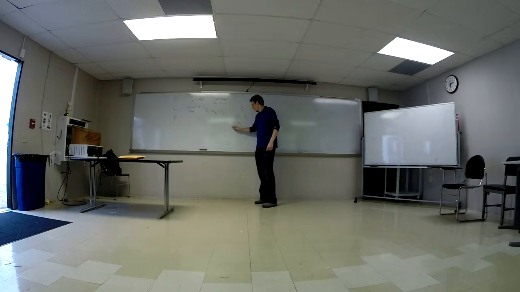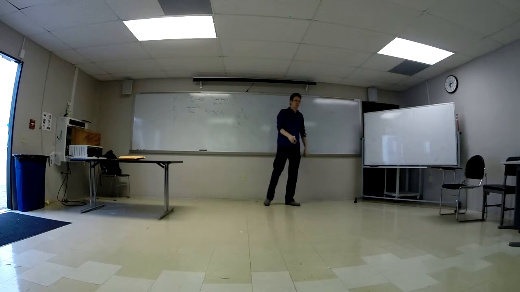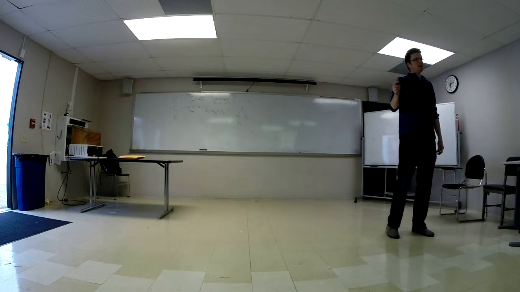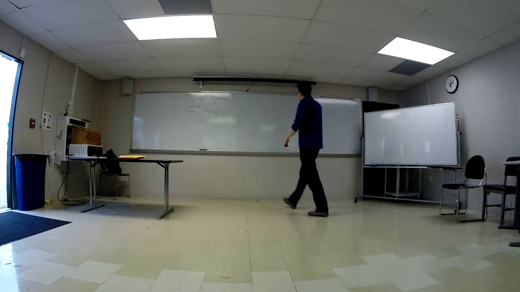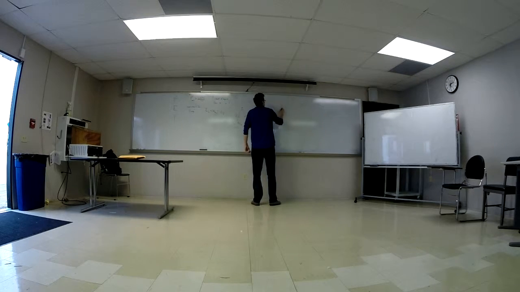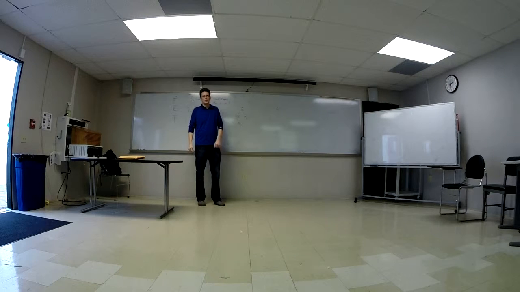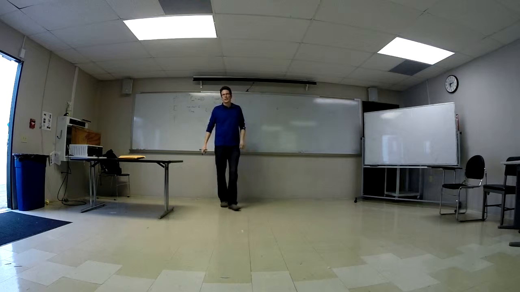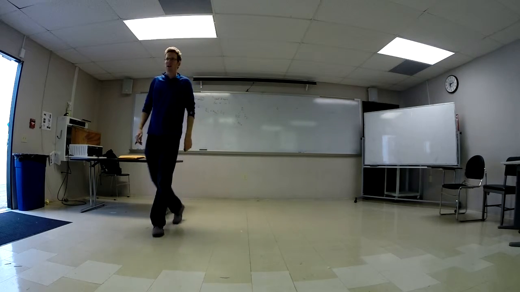One of the most important applications of this was when we had rolling. So remember, when you're rolling, you have both kinds. You have rotation around some point that happens to be the center of mass, but that point is also itself moving, and so you have both forms of energy there.